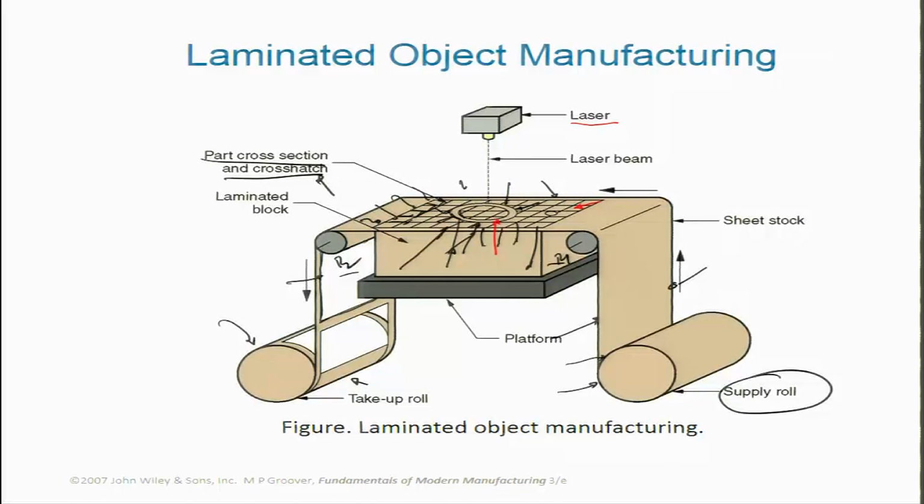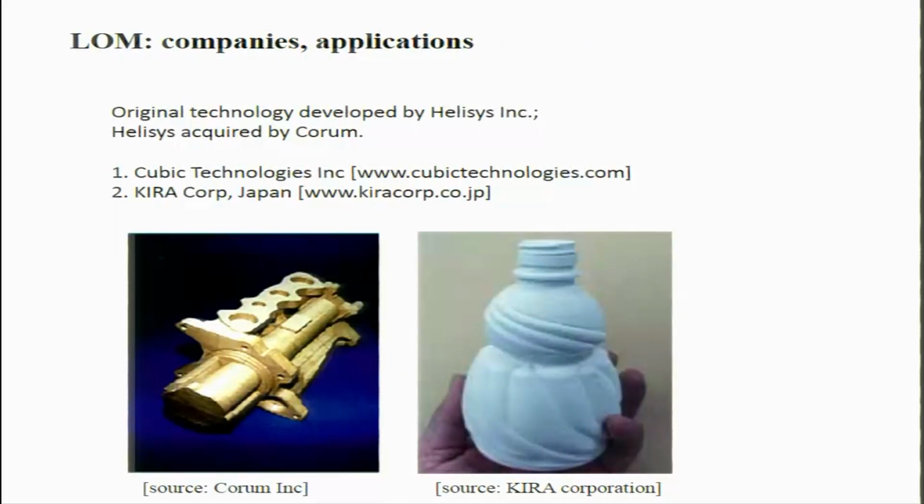Some examples are from these two companies, the LOM companies, which manufacture parts using laminated techniques. The original technology was developed by Helisys Incorporated, which was again acquired by Quorum. There are two major companies which use this technology.